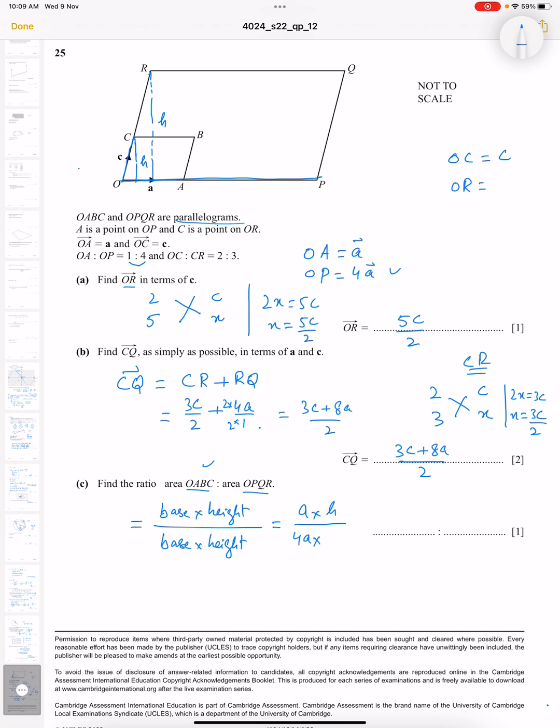So it means their ratio is 5 by 2. So that will be 5 by 2 H. So H will be cancelled with H, A will be cancelled with A, and 2 times 2 is 4. So we have 1 over 10 as the result. So this ratio should be 1:10, right?